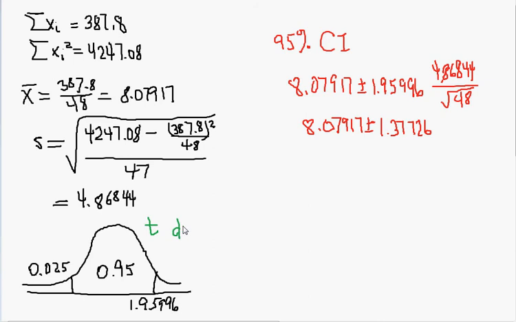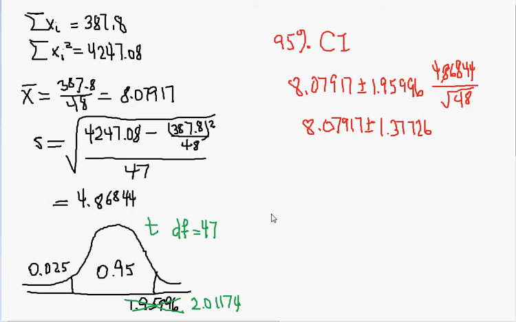In this case, I would have n minus 1, or 47 degrees of freedom. And so doing it in the calculator, instead of this test statistic, we would have something that's a little bit different, 2.01174, using 47 degrees of freedom.